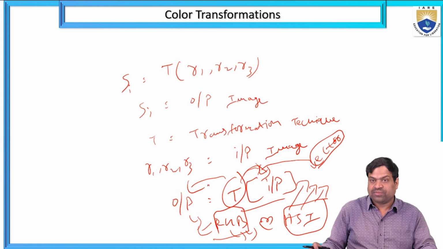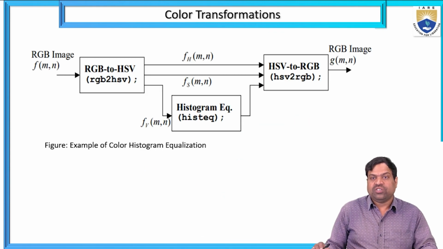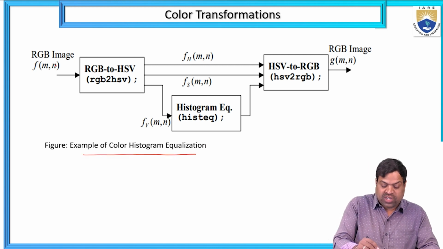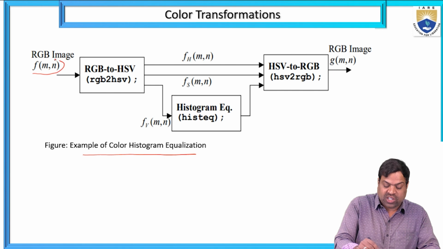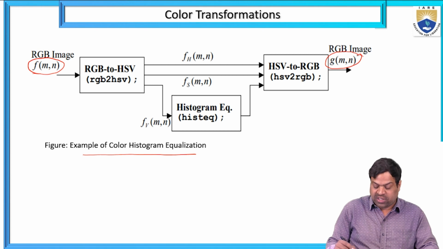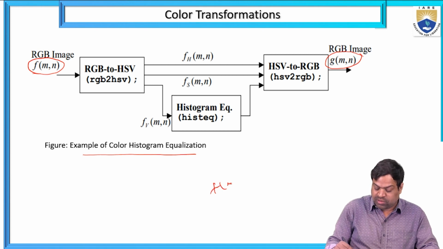It is one example of color image histogram equalization. So, what is the histogram? Input is RGB, that is f(m,n). Output is also RGB, that is g(m,n).